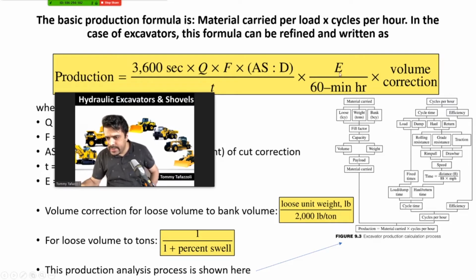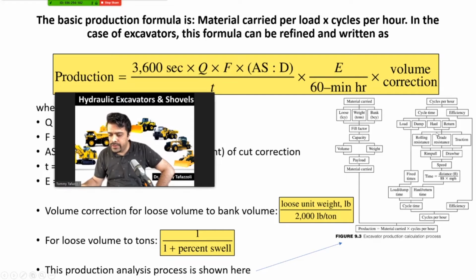As you can see, cycles per hour depend on cycle time and efficiency. Cycle time will depend on the load time, dump time, haul time, and return time.